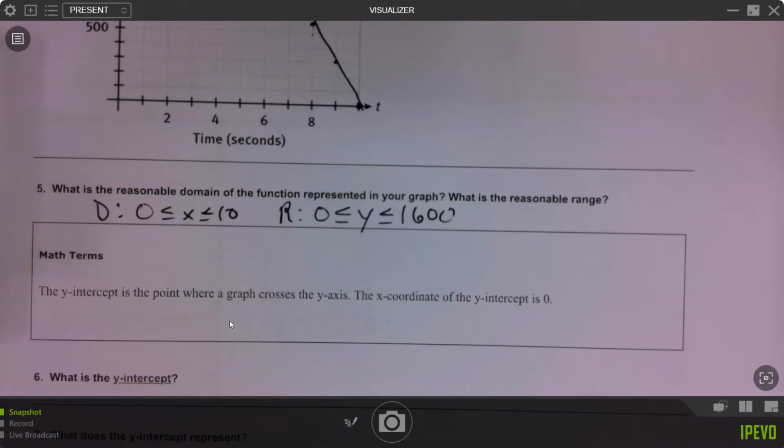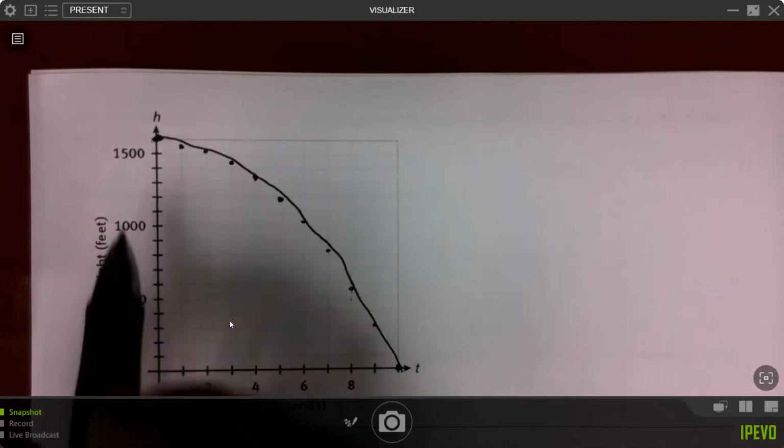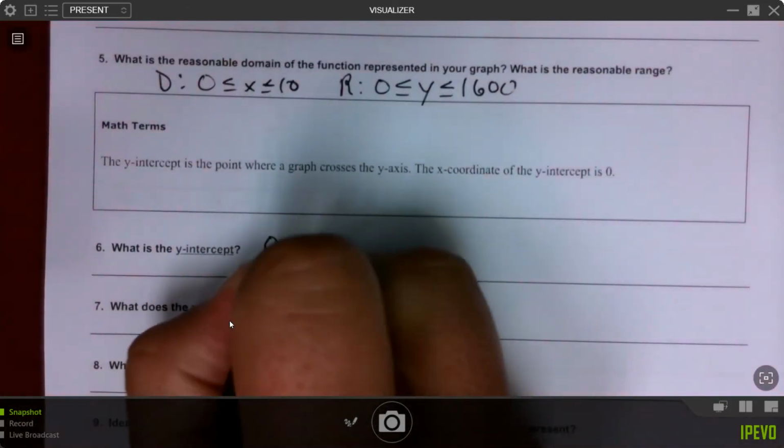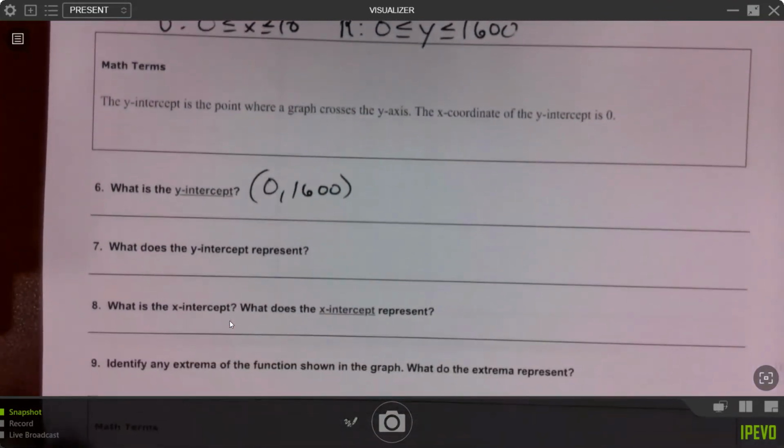Now, what's the y-intercept? Remember, for the y-intercept we want a coordinate. It is crossing at the point 0 and 1,600. What does the y-intercept represent? That's the point where we haven't dropped the ball yet.